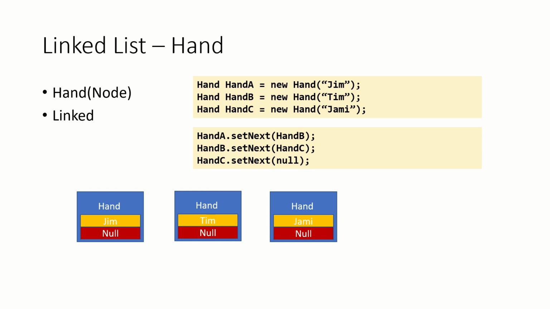So if it's A dot set next, A is Jim, so we'll tell Jim, the next hand you should link is hand B. Hand B is Tim, so we link them together.